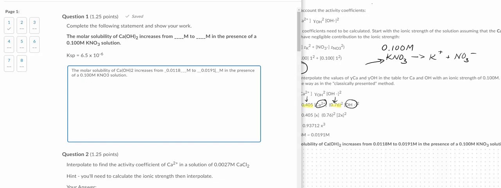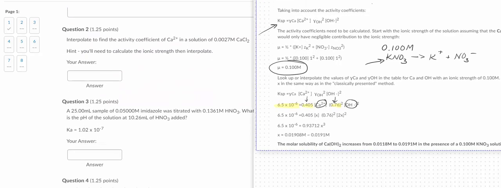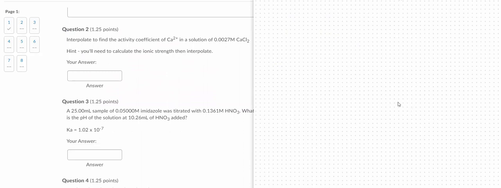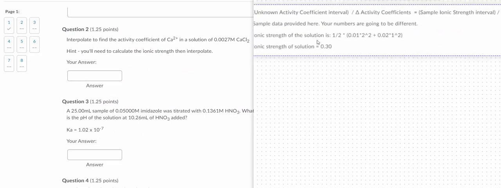So in the presence of inert ions, or this inert ionic solution, the molar solubility would increase from 0.0118 to 0.0191.